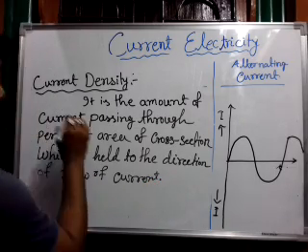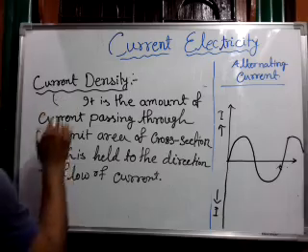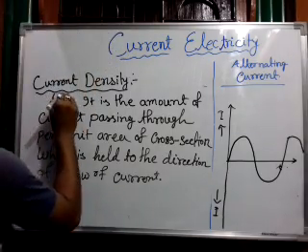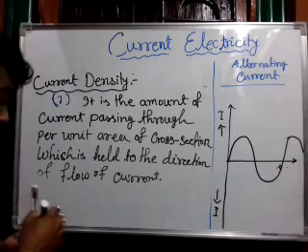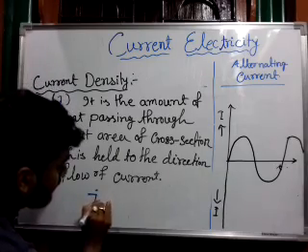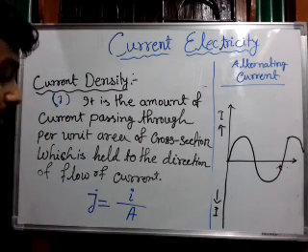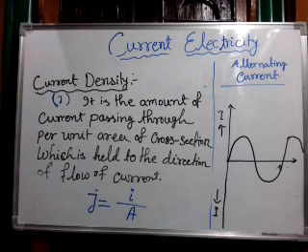It is also denoted as J. That is, J is equal to I by A. Current density is the amount of current passing through per unit area of cross section which is held to the direction of flow of current. Okay? Clear, everybody?